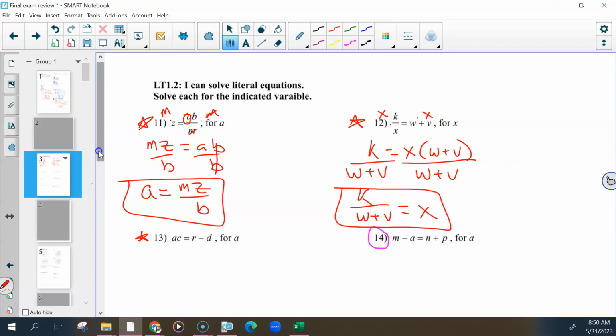So our equation would become k over w plus v equals x. Any questions about that?